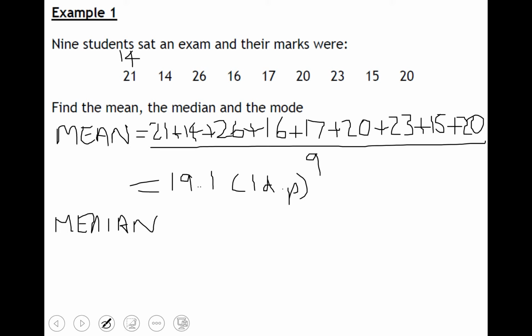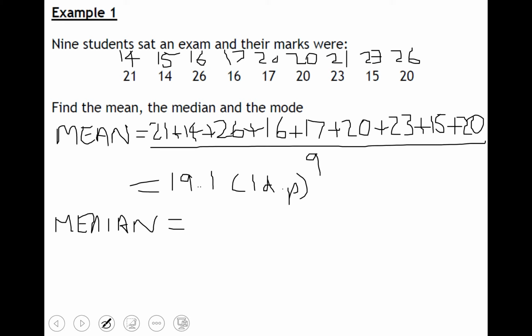So next highest is 15, next highest is 16, next highest is 17, then there are two 20s, 21, 23 and a 26.